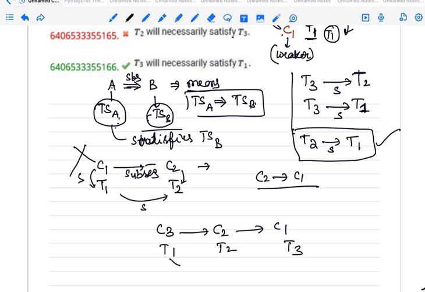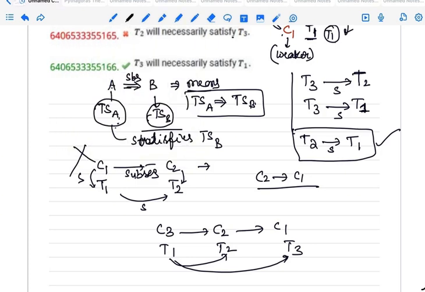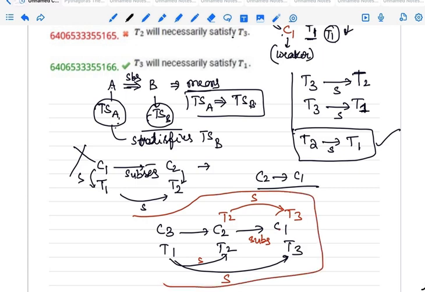So T3 subsumes both. T2 subsumes C1, so T3 will necessarily satisfy T2. This is the correct block; you can remember it.